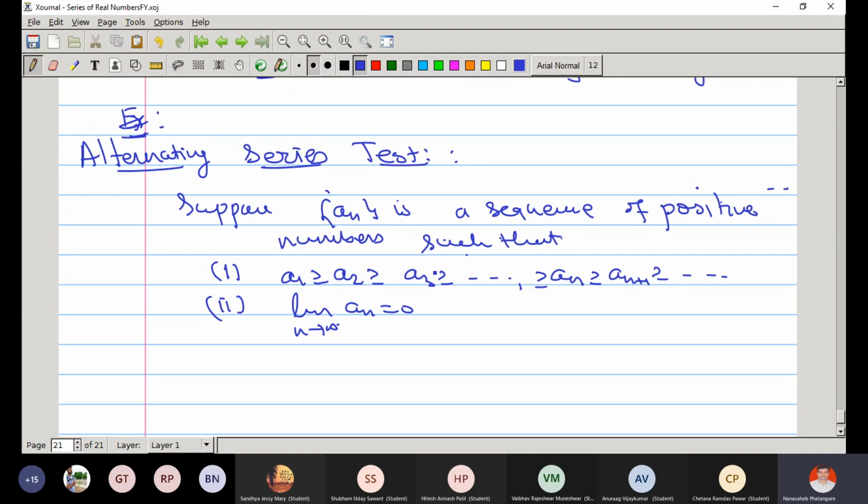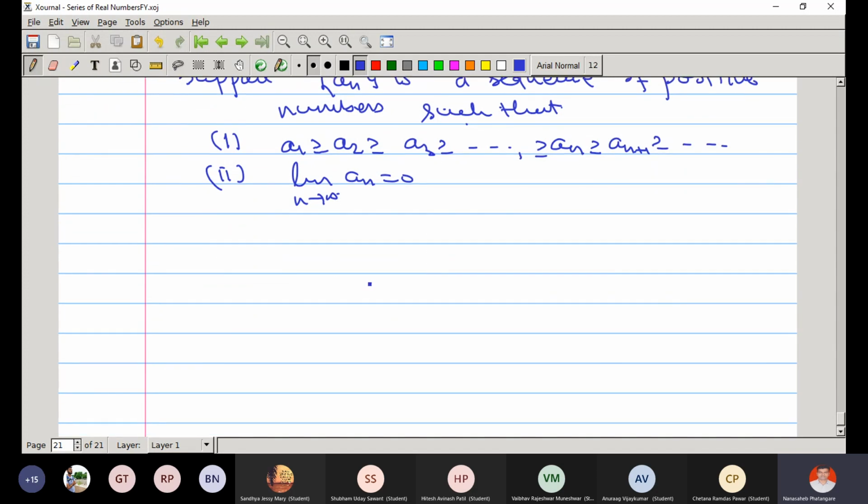So all an are positive and they are decreasing, and limit of an is 0. Then the series sum of minus 1 to the power n plus 1 an, n from 1 to infinity, is convergent.